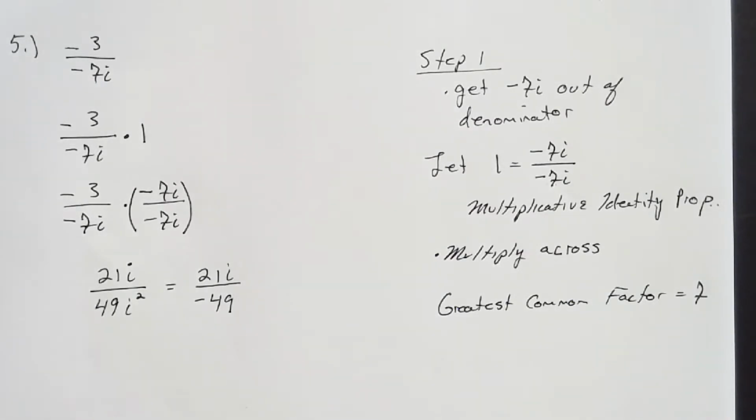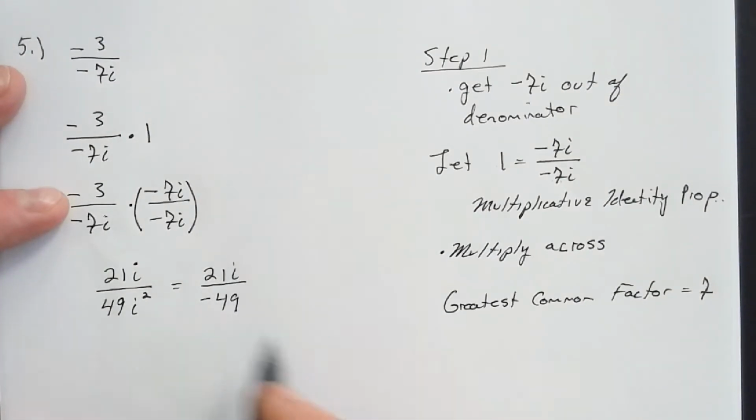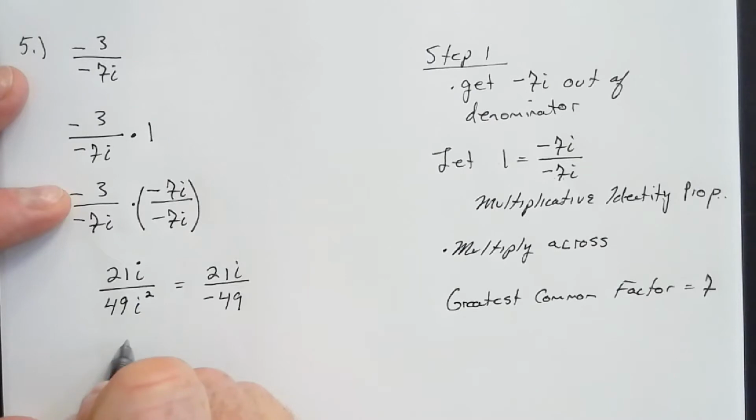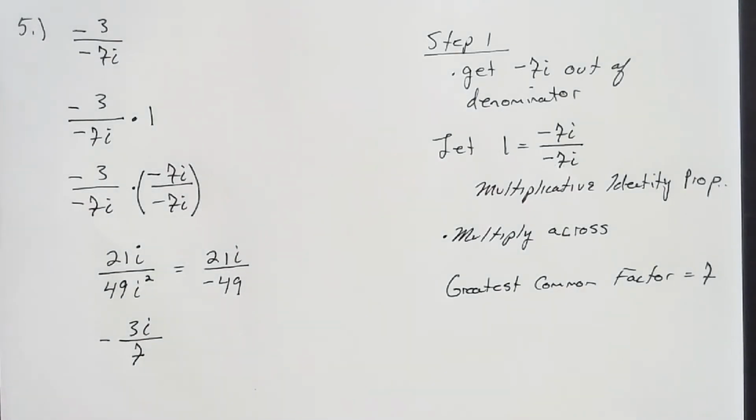So the GCF is 7, and we can divide out 7 and make this into 3i over 7. Yep, we're just going to reduce this down.